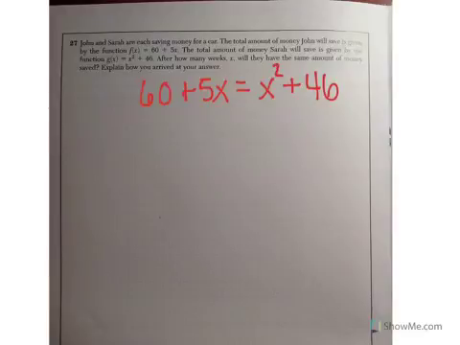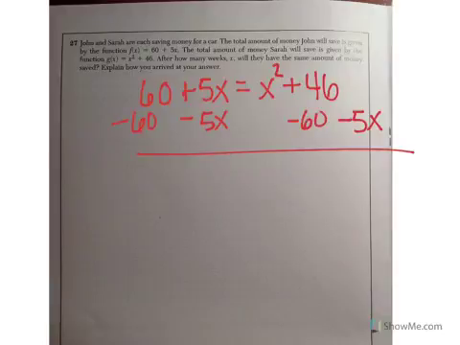So I'm going to subtract 5x, and there's nothing to combine 5x with, so I'll just put it off to the side. And at the same time, I'm going to subtract 60, just to save some room. So I'm left with x squared minus 5x minus 14 equals 0.